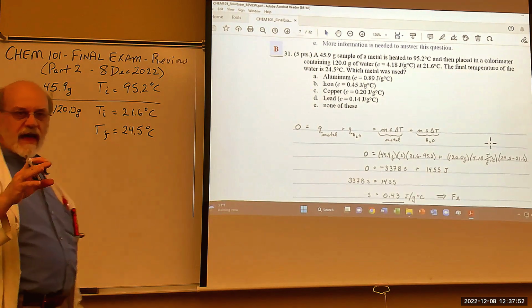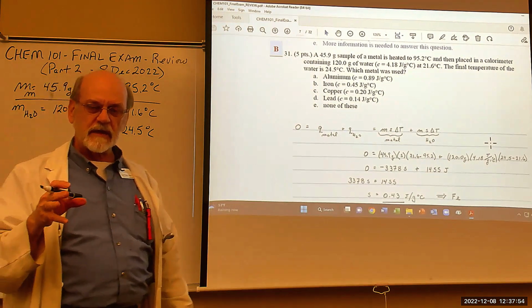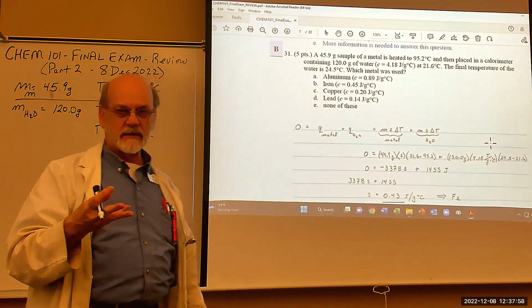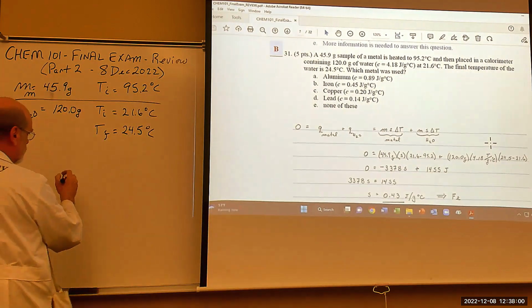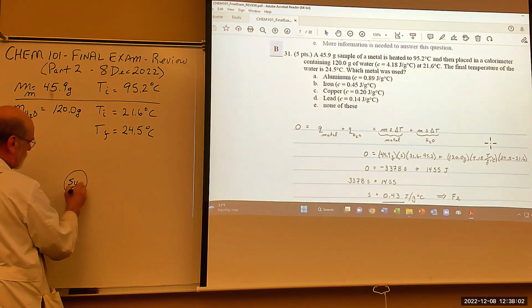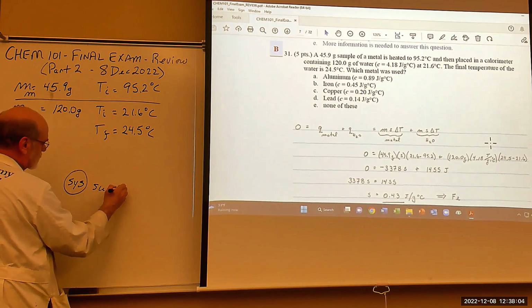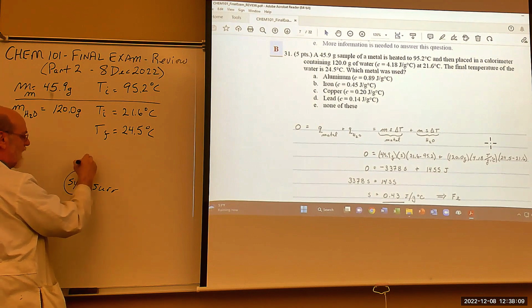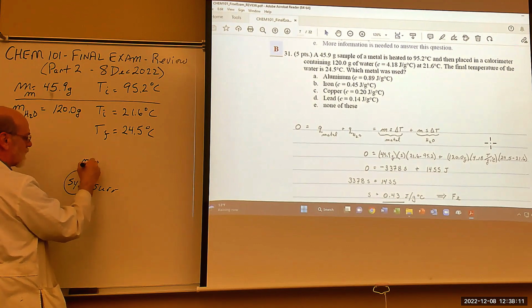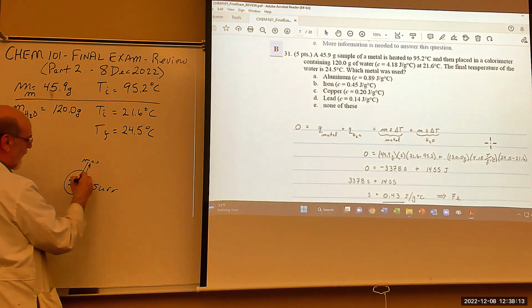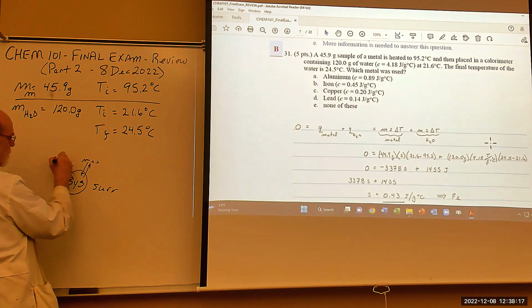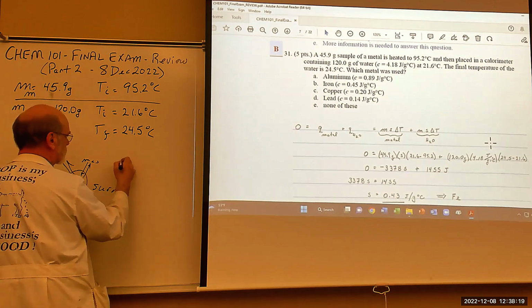So remember that the calorimeter, remember there are 3 types of systems and surroundings that we can have. If mass can go either direction and energy can go either direction, then you have an open system.